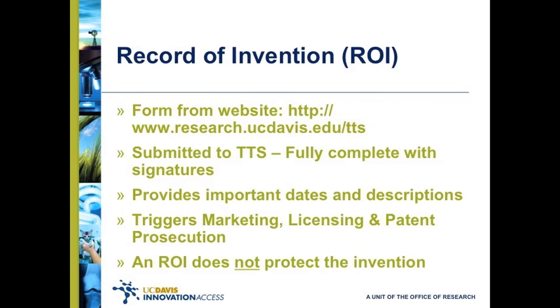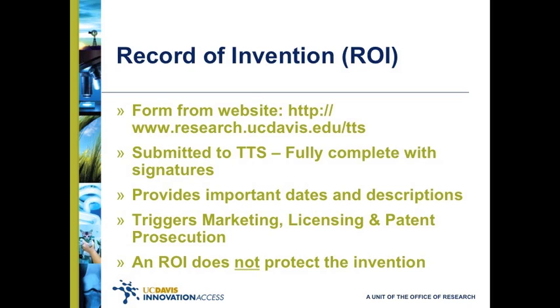Record of invention. The invention is recorded and first presented to the Technology Transfer Office using a form called a Record of Invention, or ROI. This form is available on our website. The Record of Invention provides a detailed description with full enablement of the actual invention.